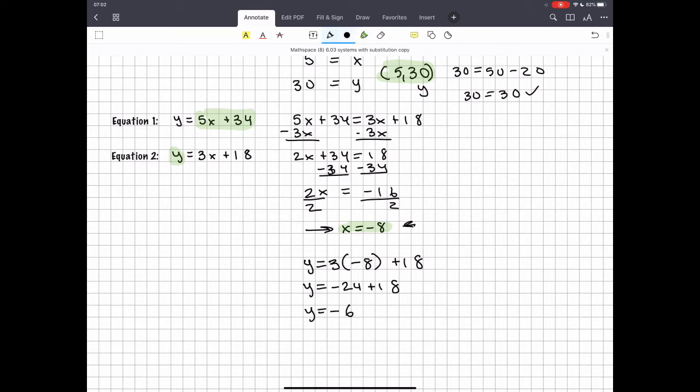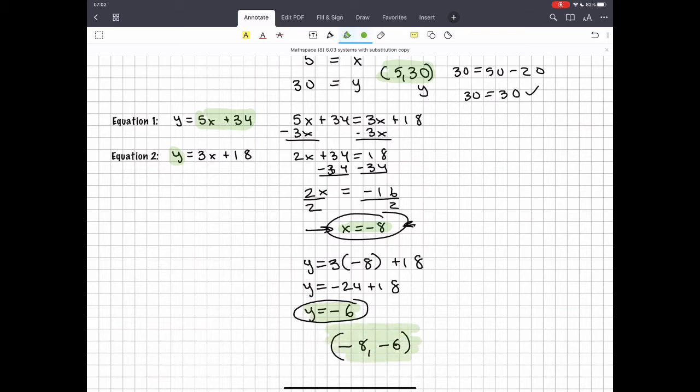So I'm going to go ahead and solve that equation. And I get y equals negative 6. So my answer here is -8, comma -6. Don't forget the parentheses. There's our final answer.